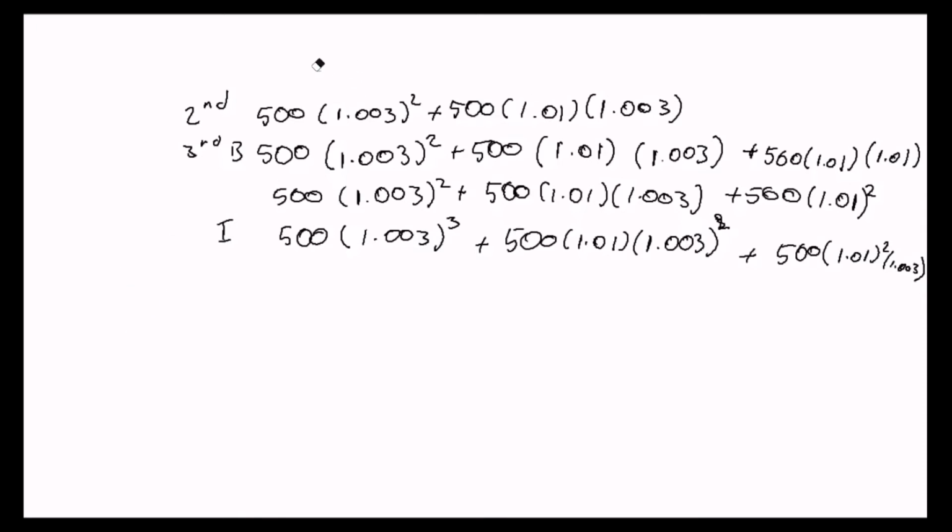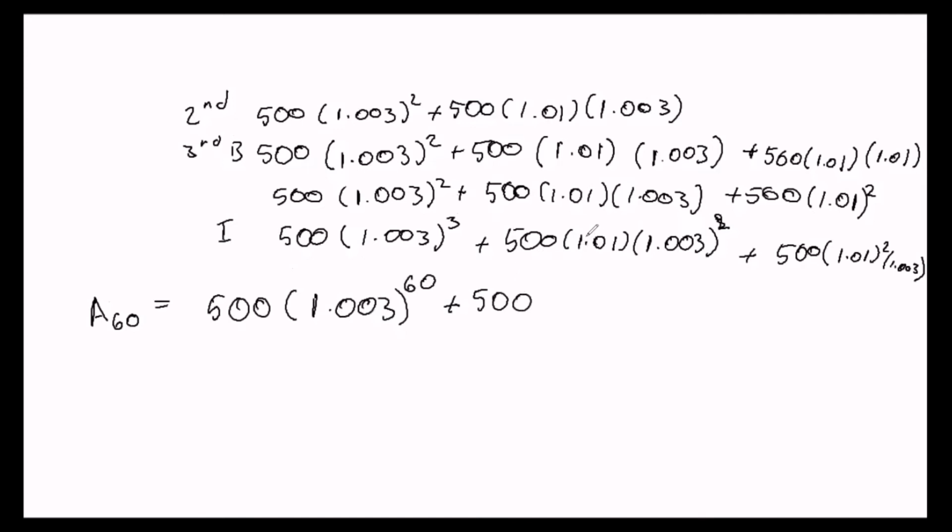So A60, because that's going to be my amount in the 60th month. This is my third month, and I've got a power of 3 here. So what that means is I'm going to get 500 times 1.003 to the power of 60, right? Yeah. Plus, and then I'm going to get my 500.